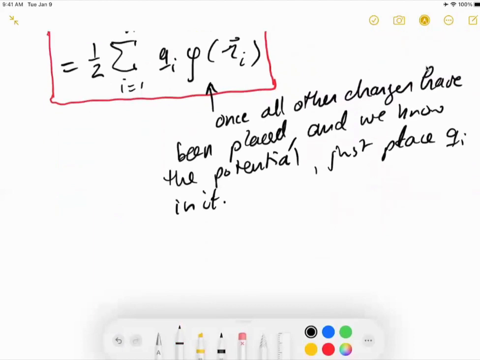And we can generalize this for continuous charge distributions.